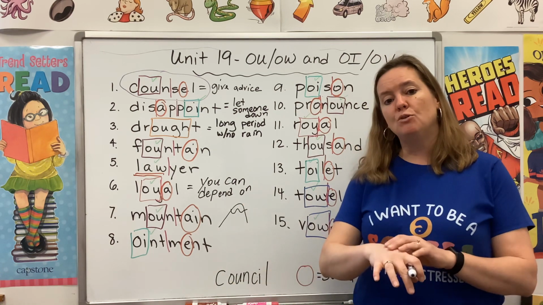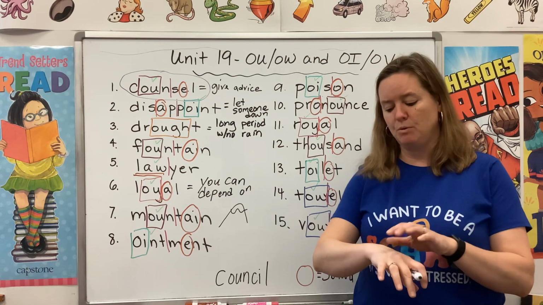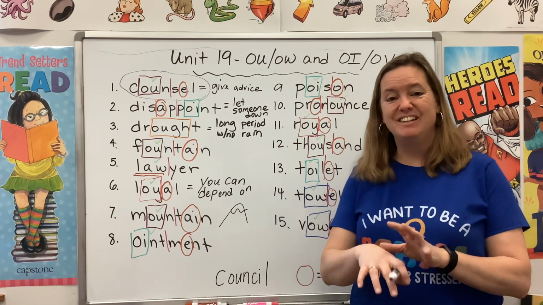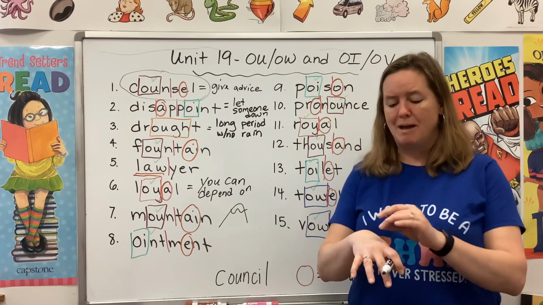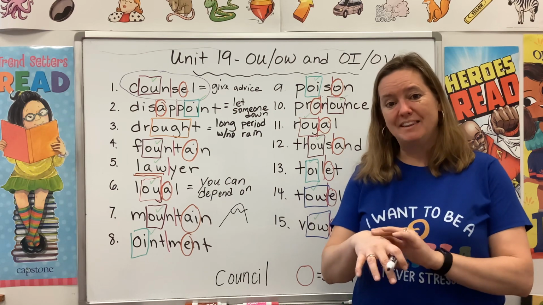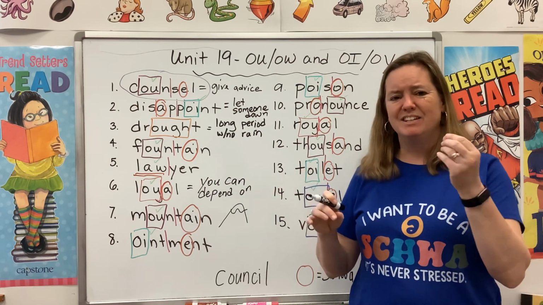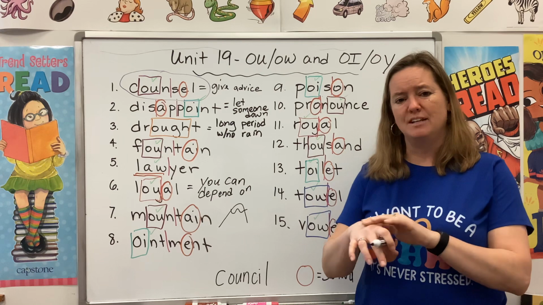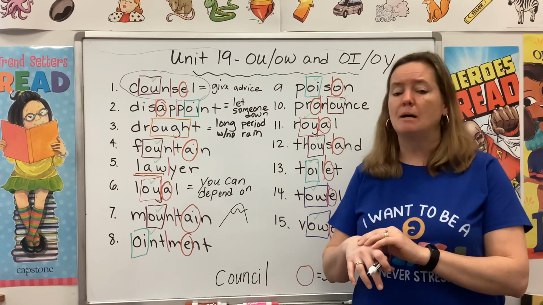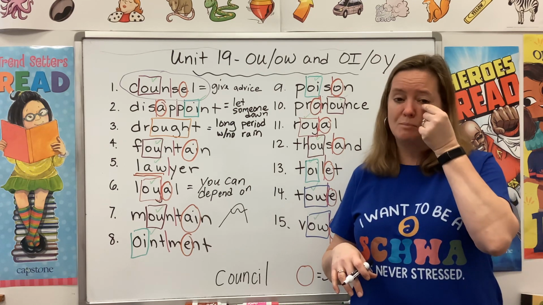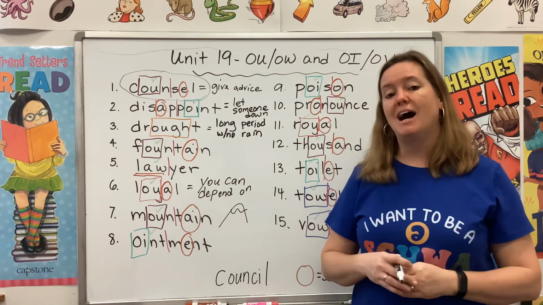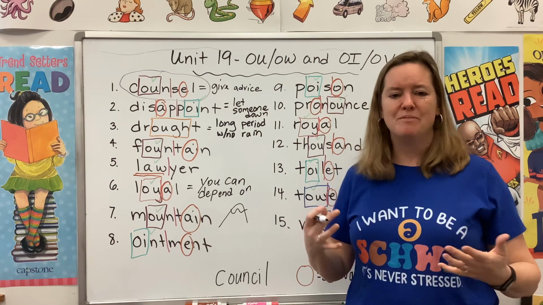Ointment, that's something you could put on a cut. Like if you have a bad cut and you don't want it to get infected, you might put some antibiotic ointment on there. It comes in a tube, feels kind of greasy, and you just kind of rub it into your skin. Sometimes if you have an eye infection, you might need to put some ointment on your eyelid. So it's a type of medicine.